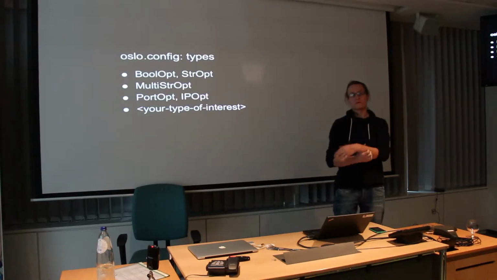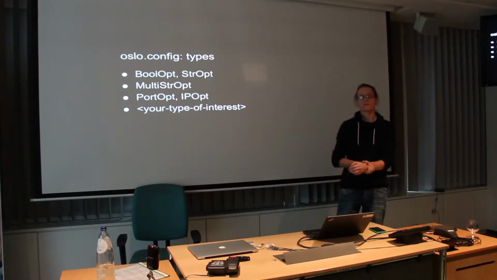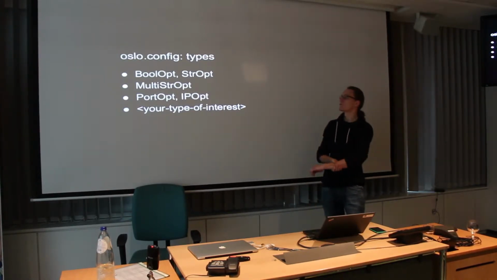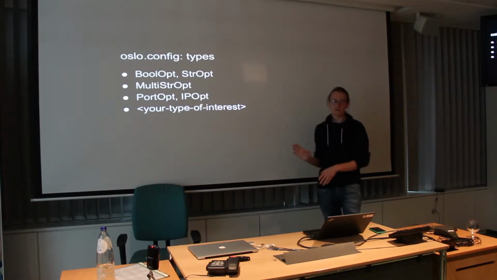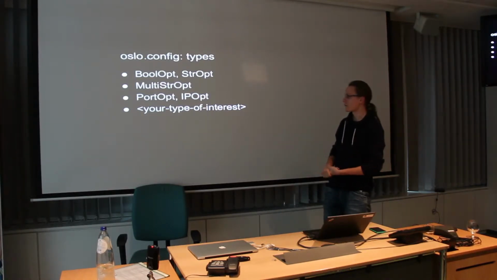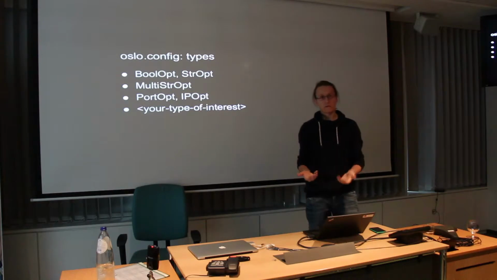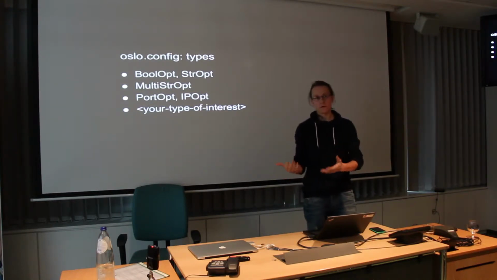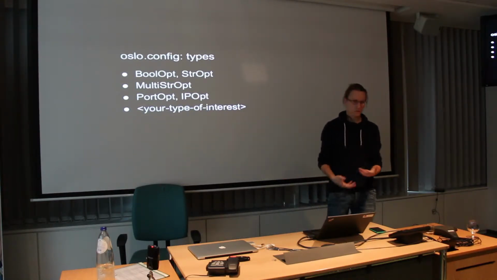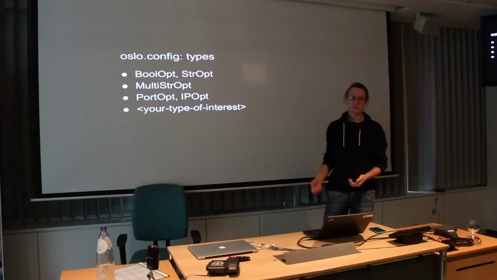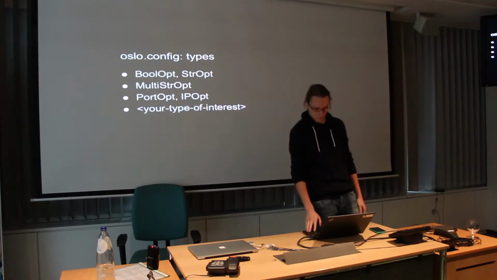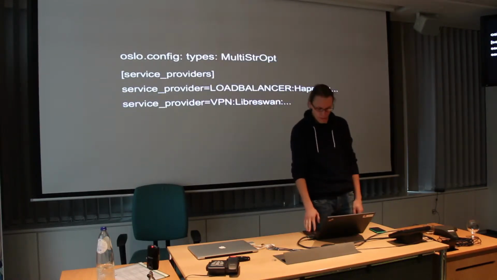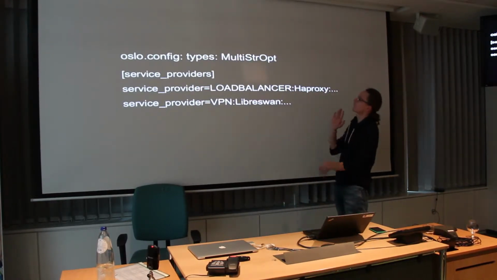You can also specify a specific version of IP protocol that you want. We use them quite a lot in Neutron, and I'm happy about it. And also the library is quite extensible. You have access to the base classes, so you can override them and introduce your own types, even just for your project.